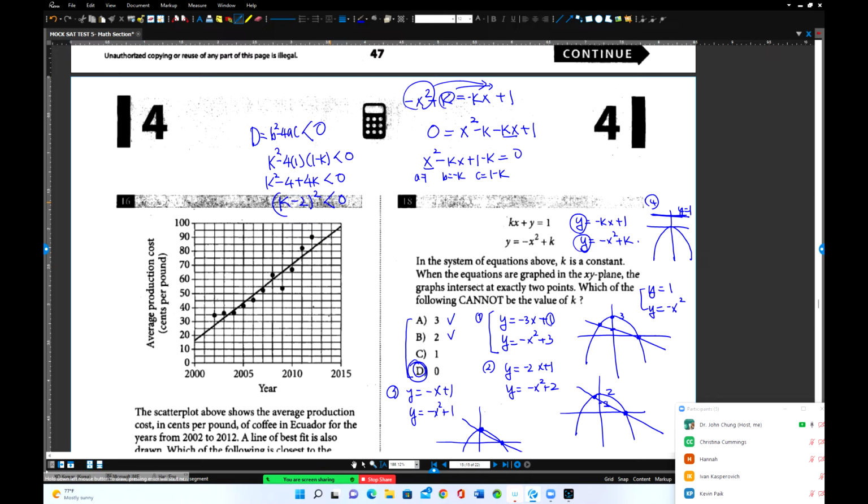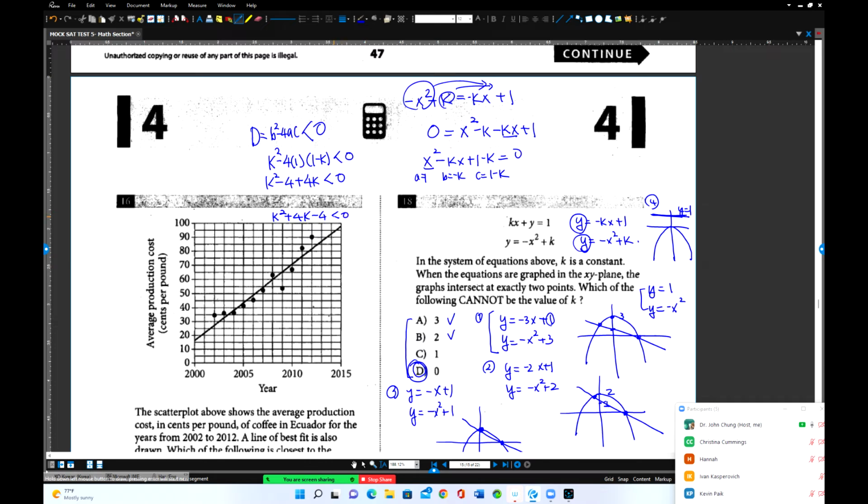Anyway, at this time, better plug in the number k equals 3, okay? Let me see. No, this does not work. Write down k squared plus 4k minus 4 less than 0.